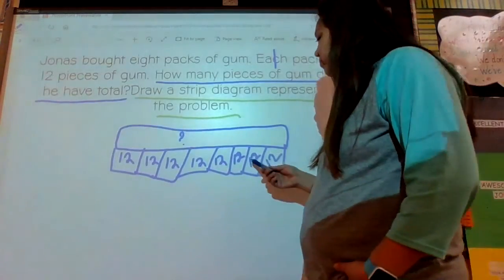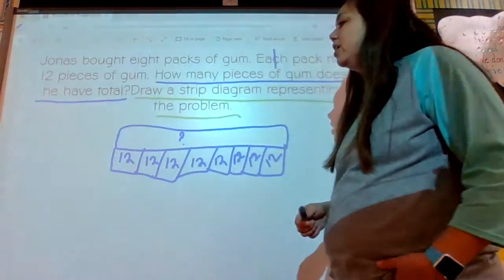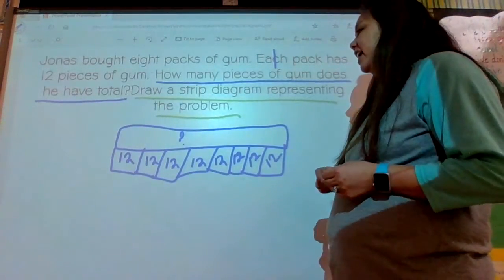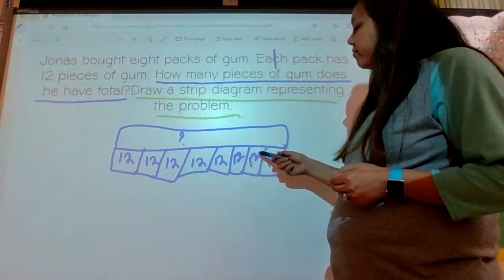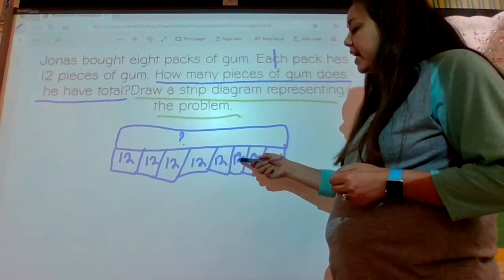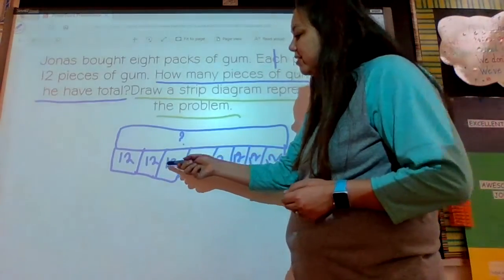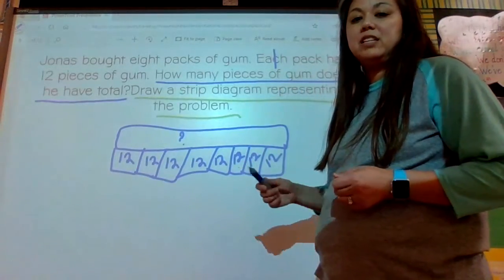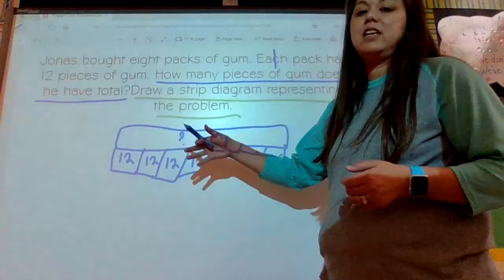So we understand these problems now. If we're going from something small to something big, we're either going to multiply or we're going to add. And looking at that, we have repeated addition. That's the same as multiplication because these are in equal groups and we're adding the same amount.